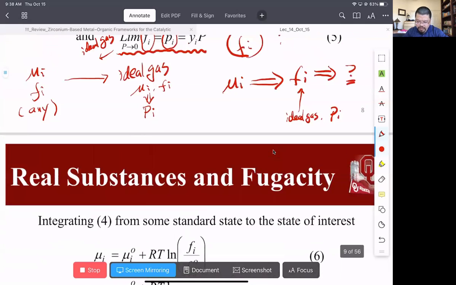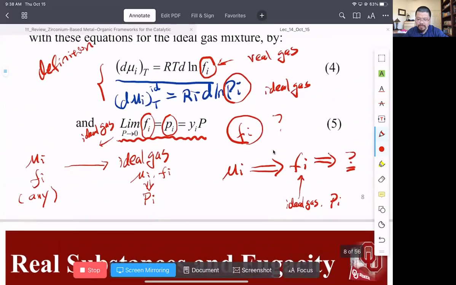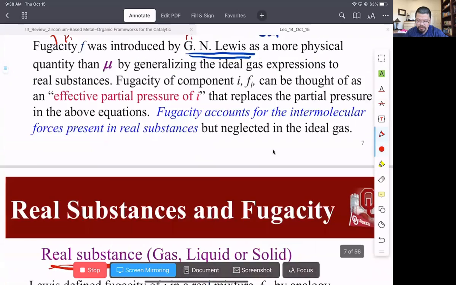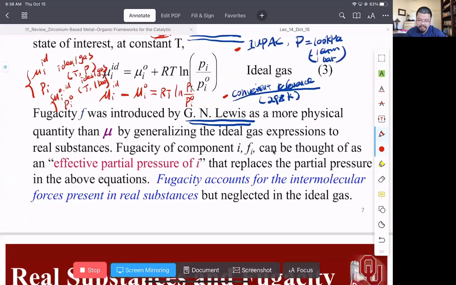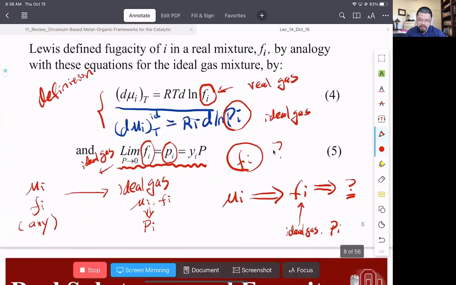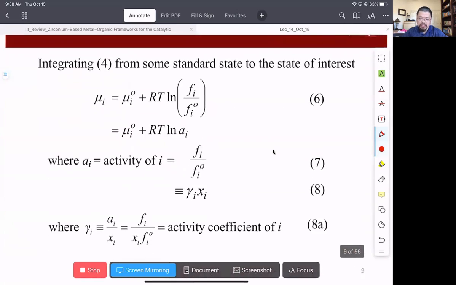So moving from this equation 4, quite similar to equation 3, we run the integration from the standard state. If you have a real substance, we could do the same. Again, we use the standard state as our initial state, and then we can write down this equation 6. Keep in mind that we have d mu i, again at fixed temperature, but this is real. It's no longer ideal.